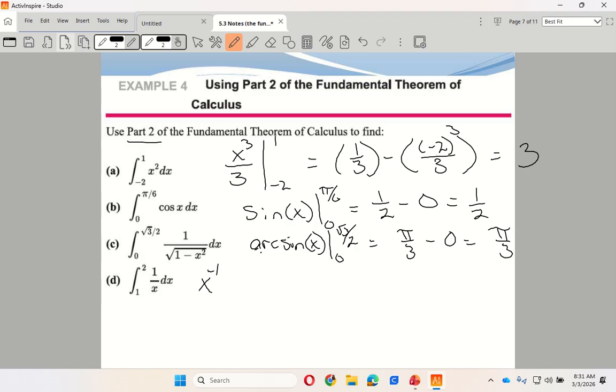If I add 1, that would give me x to the 0 over 0, right? So that right there should tell you that that is different. So if you have trouble remembering which one's ln, hopefully that will help you. All right, so I'm going to have ln from 1 to 2.